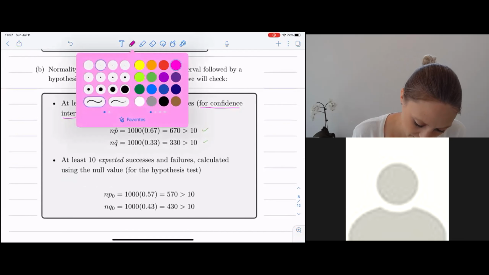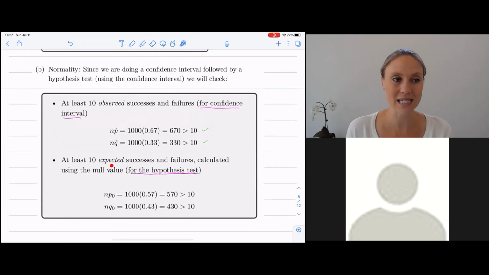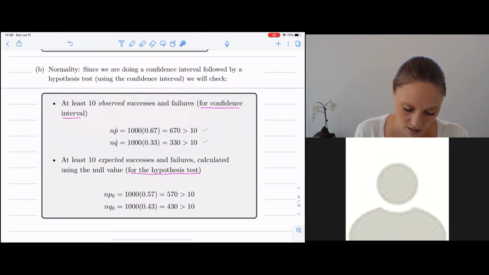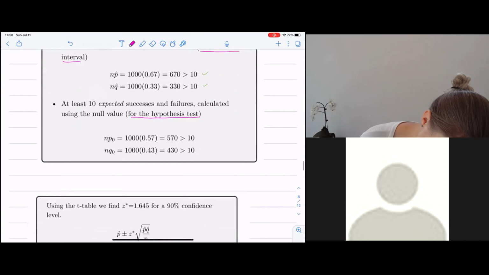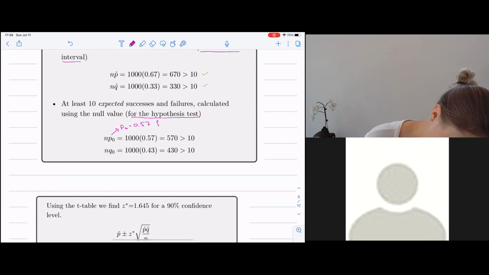For the hypothesis test, we need at least 10 expected successes, right? Expected in terms of your hypothesis. So the expected successes is 1,000 times 0.57, because that is your null hypothesized value. p naught is 0.57 from the question.